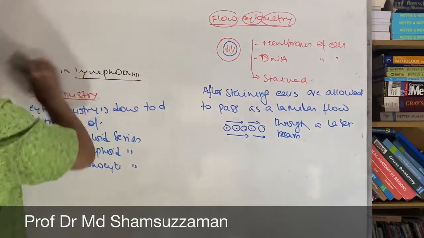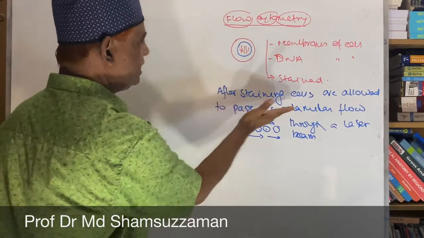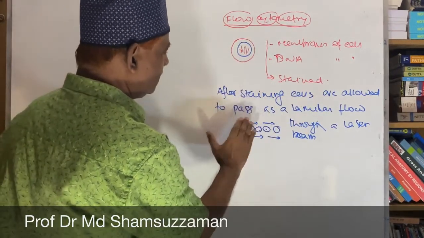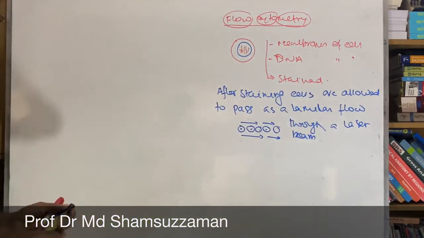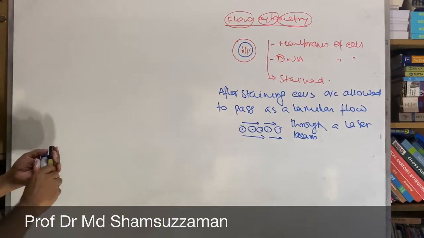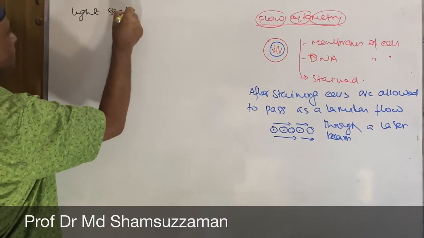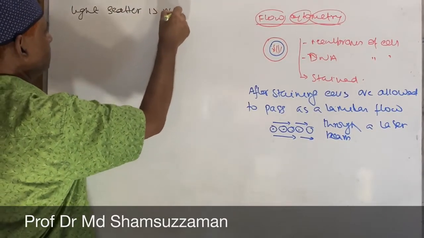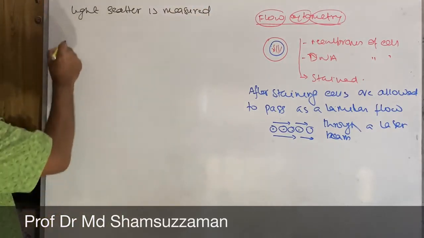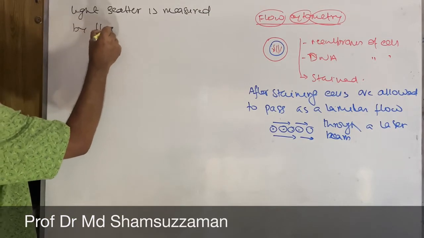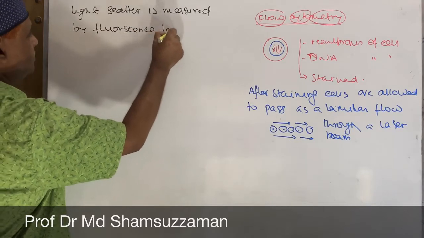Then what happens? As the stained cells flow as a laminar flow through a laser beam, light scatter on the cell is measured by fluorescence and impedance.